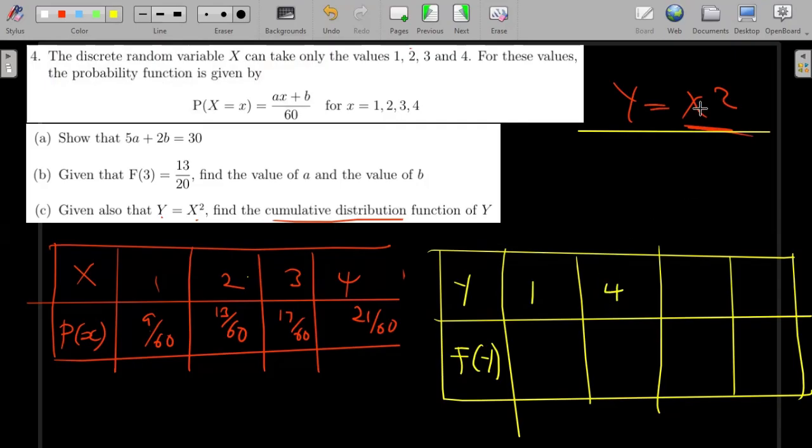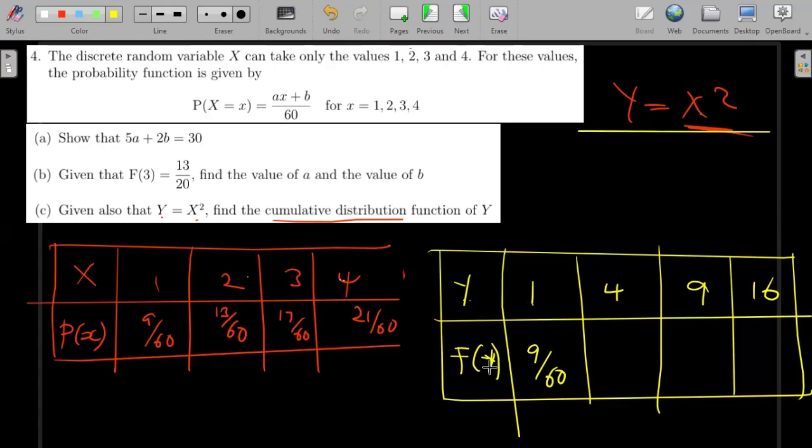If x is 3, y will be 9. If x is 4, y will be 16. So the probabilities here will just be getting the cumulative distribution from here. So what is the probability that this y is equal to 1? We're going to get the same 9 over 60. And then now when you go to the next here, we are finding the cumulative probability of this y.